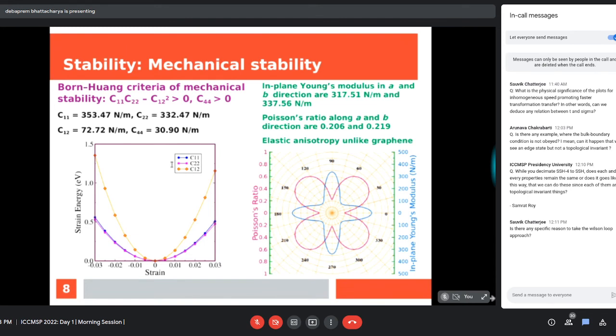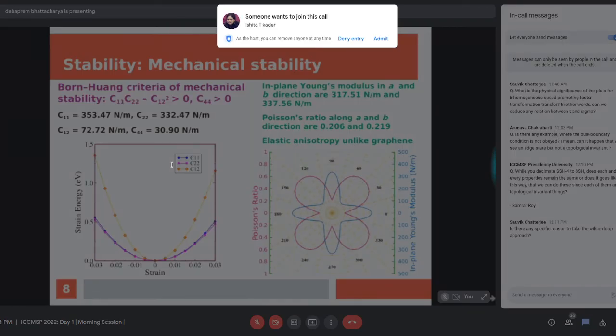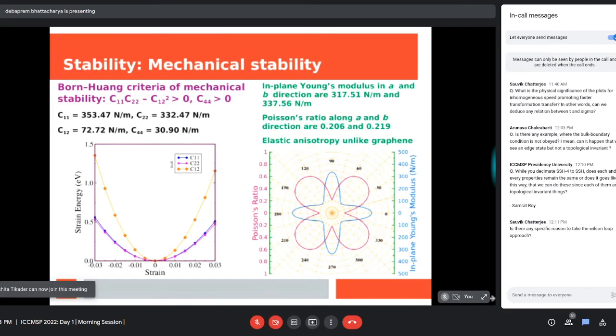These are the values we have obtained from the strain energy curve by suitable parabolic fit: C11 is 353.47 Newton per meter, C22 is 333.47 Newton per meter, C12 is 72.7 Newton per meter, and C44 is 30.90 Newton per meter, which satisfies the relation given here.